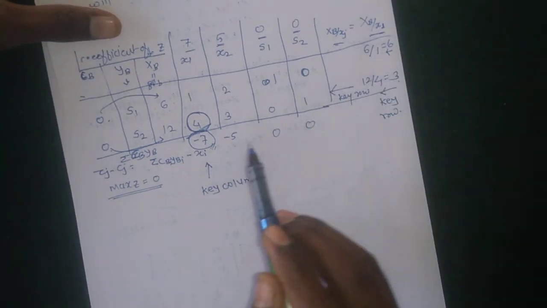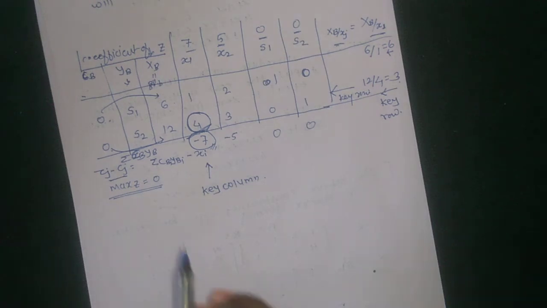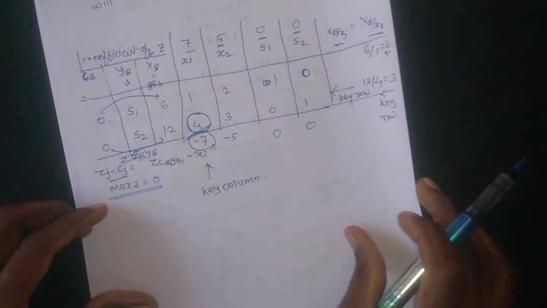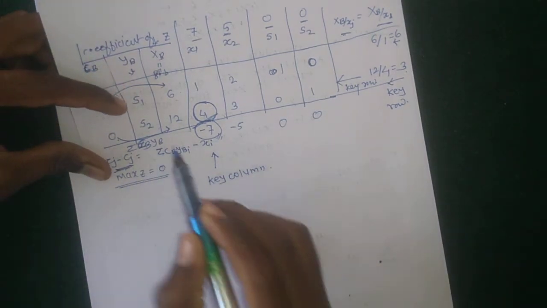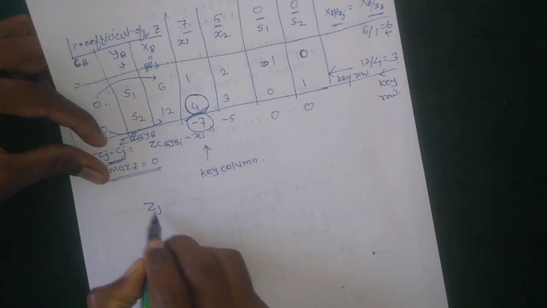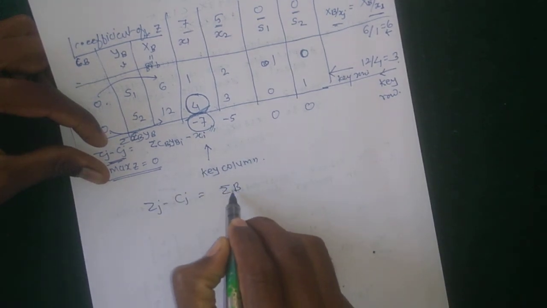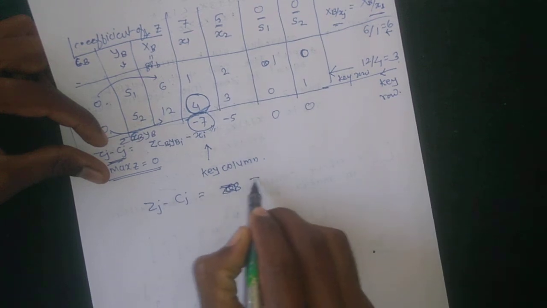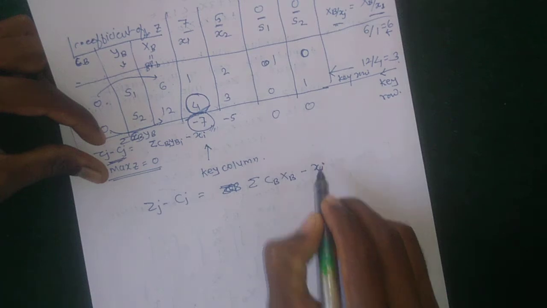Then we find Zj minus Cj. How do we find Zj minus Cj? Here by using this formula: Zj minus Cj is equal to the summation of Cb times xb minus xi.